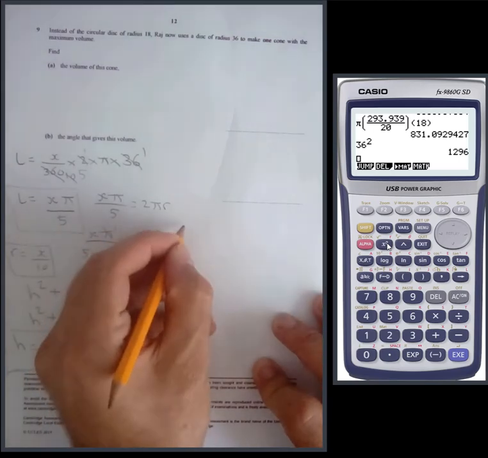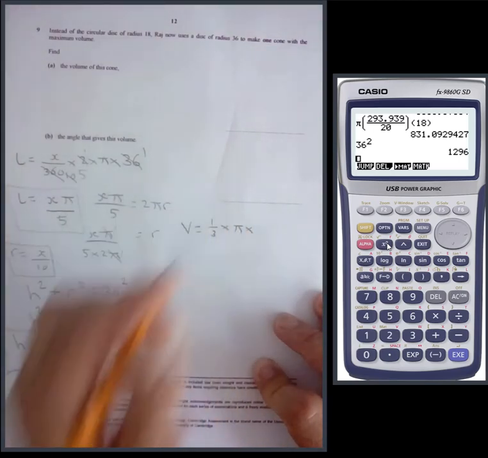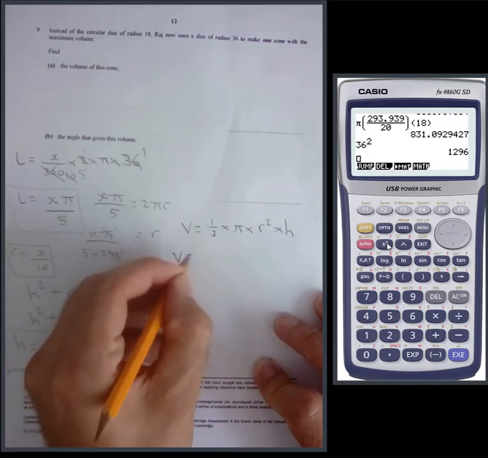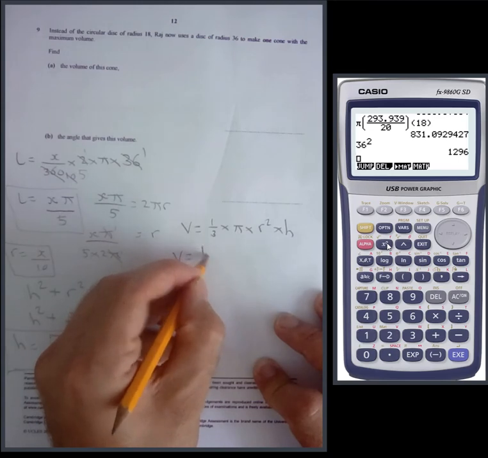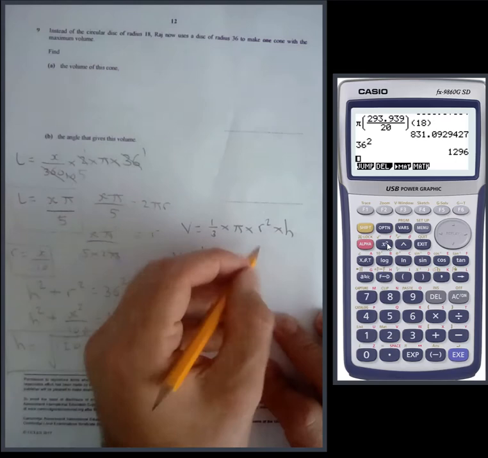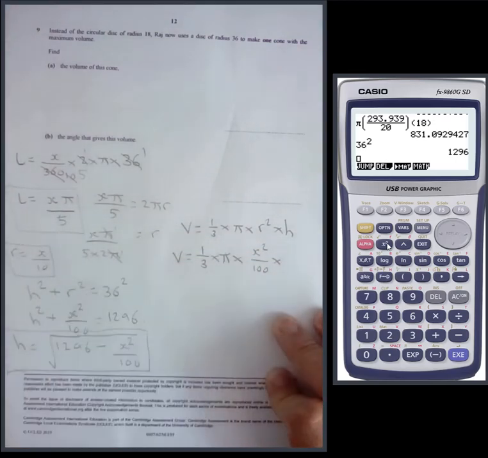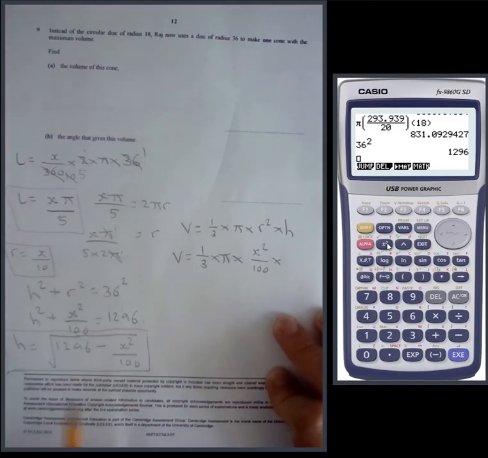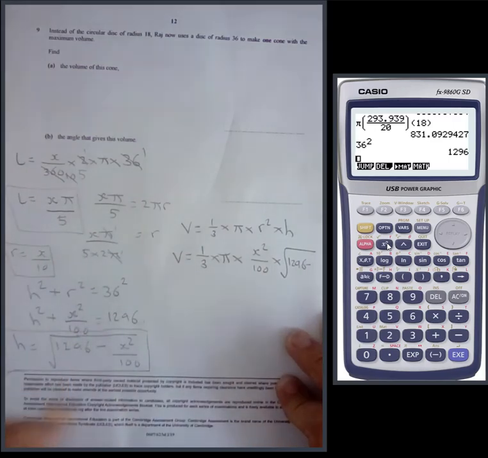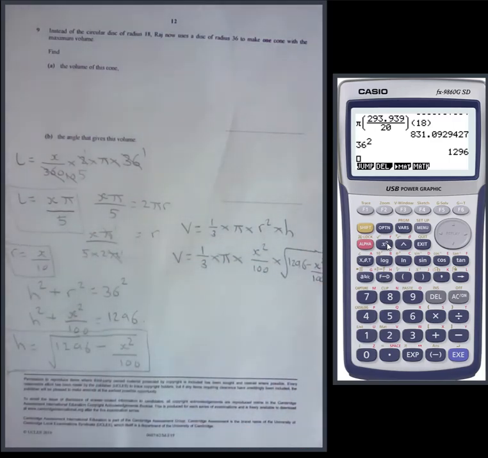So V equals 1/3 times pi times r squared, x squared over 100, sorry, times h, which is this square root of 1296 minus x squared over 100. That's the volume model.